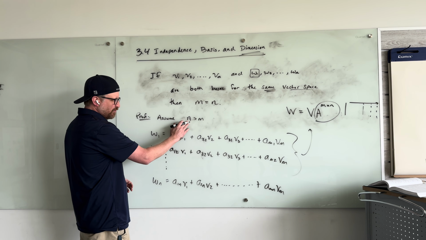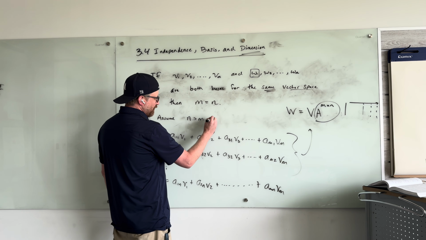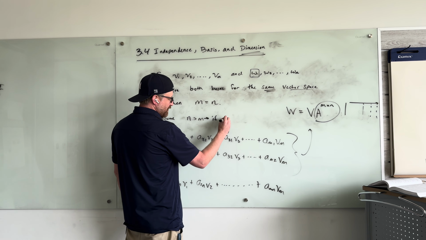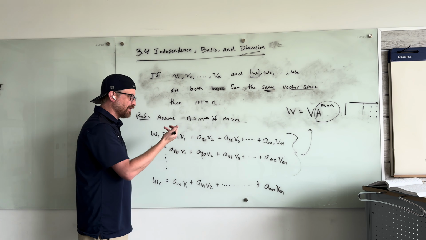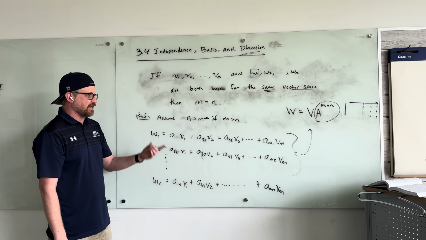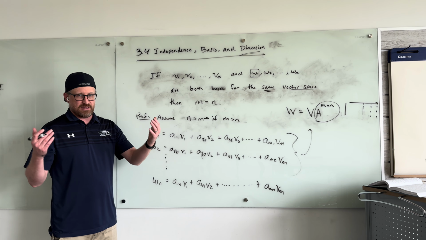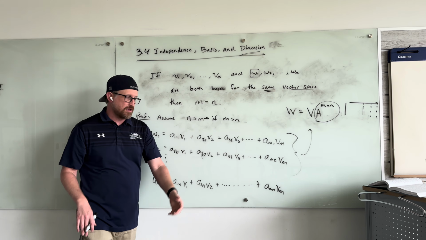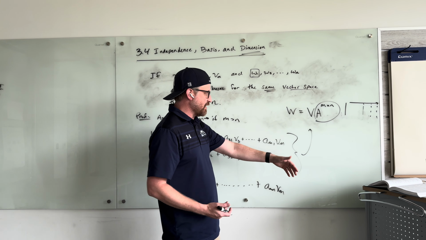So when I'm solving this, that's our contradiction point. We're saying, okay, n is greater than m. Well, if I go the other way around and say m is greater than n, we just swap the matrices. I swap this combination and we get something similar: V is equal to WA, where A again is a short and wide matrix.